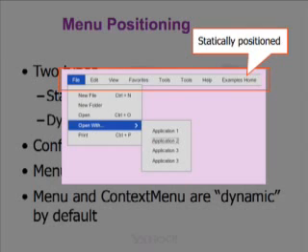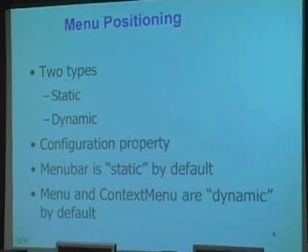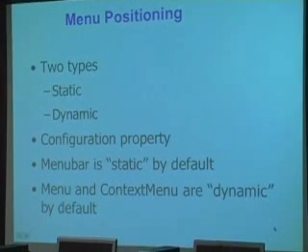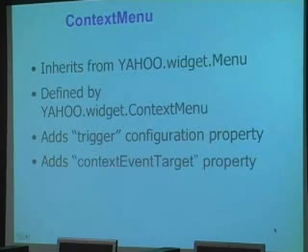So in this example, we have a statically positioned menu bar that has dynamically positioned cascading submenus that are a child of it. Menu bars are static by default, although you can set them to be positioned dynamically if you want. Whereas the menu and context menu classes have dynamic positioning by default. So essentially, they will always overlay on the screen.